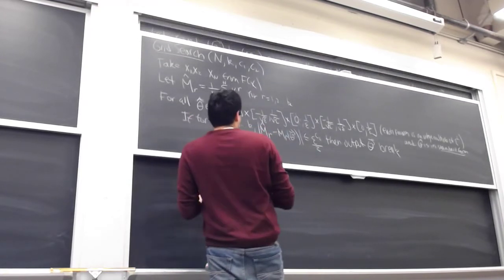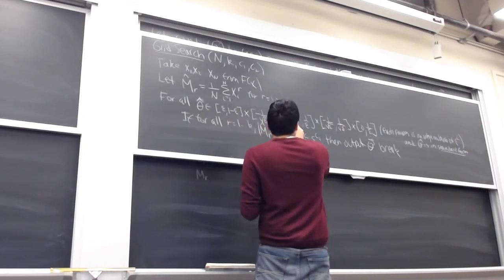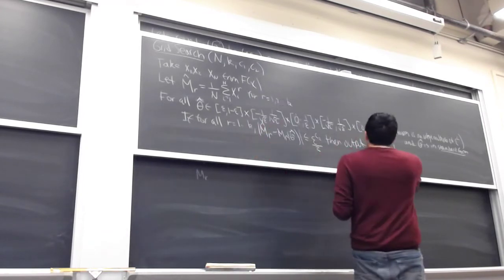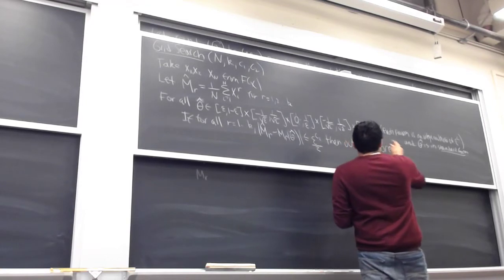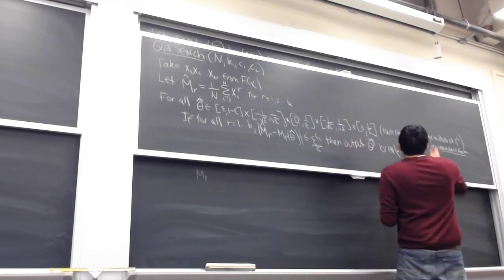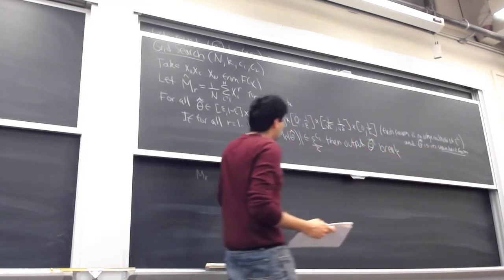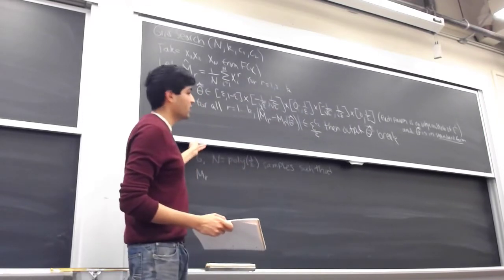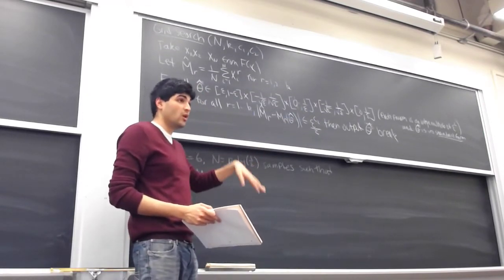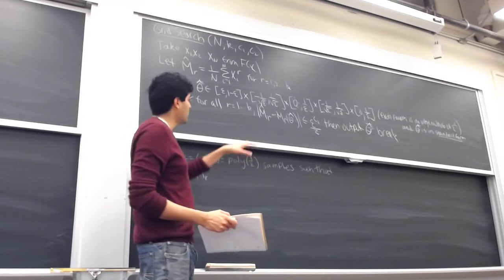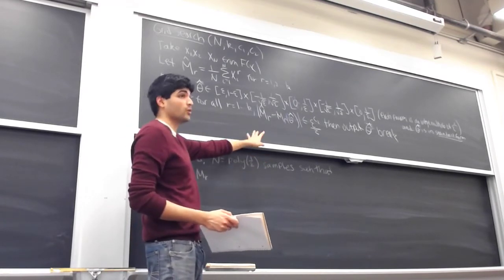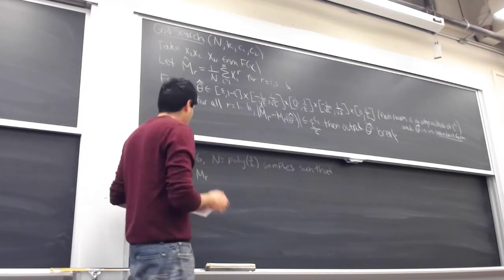Let me call this theta hat. So that throughout today, we're going to think about theta hat as being the hypothesis that we want to prove is close to the true parameters. And I'll always use theta to denote the true parameters of the underlying mixture.